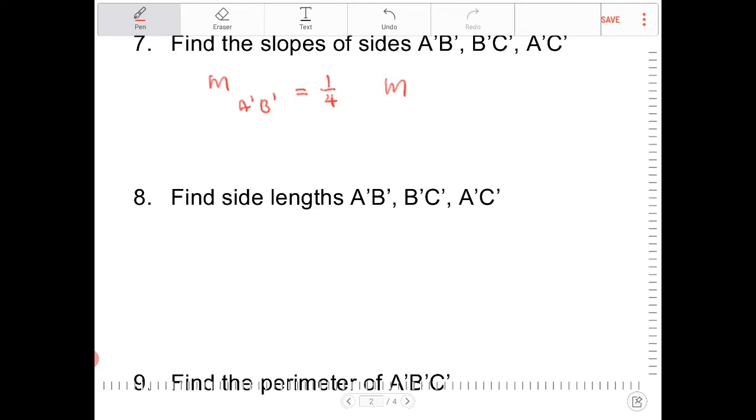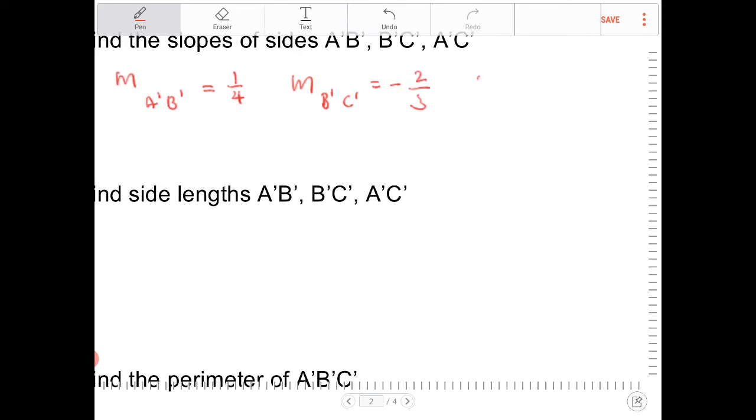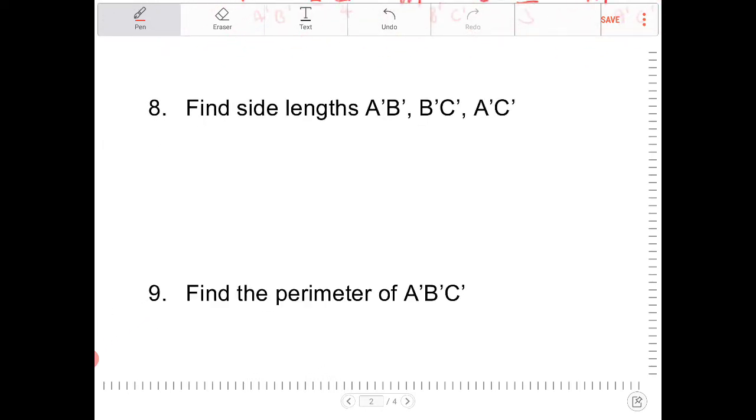The slope of B prime C prime will be negative 2/3. And the slope of A prime C prime will be positive 3. Find the side lengths of A prime B prime, B prime C prime, and A prime C prime.